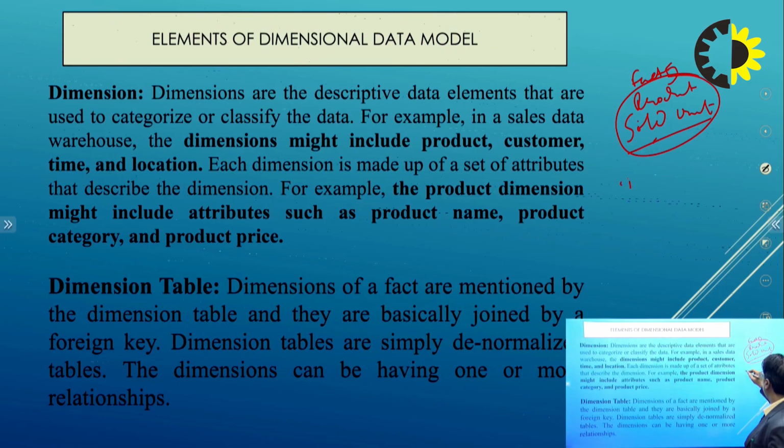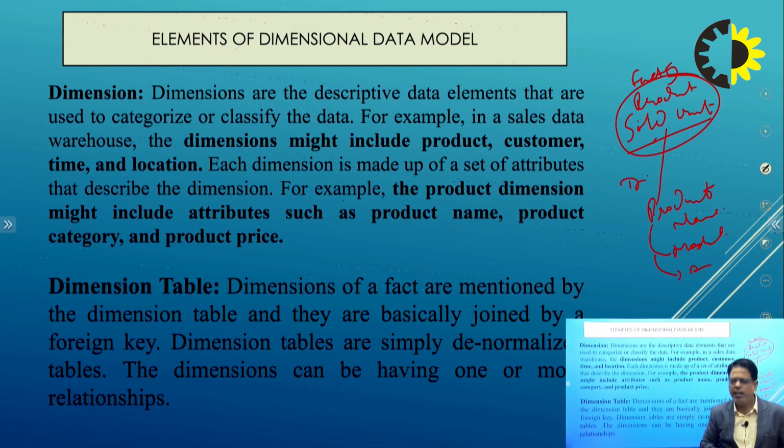And what is a dimension? Product name, product model, and any other descriptive information basically occur in dimension tables. So see, dimensions are the descriptive data elements that are used to categorize or classify the data.